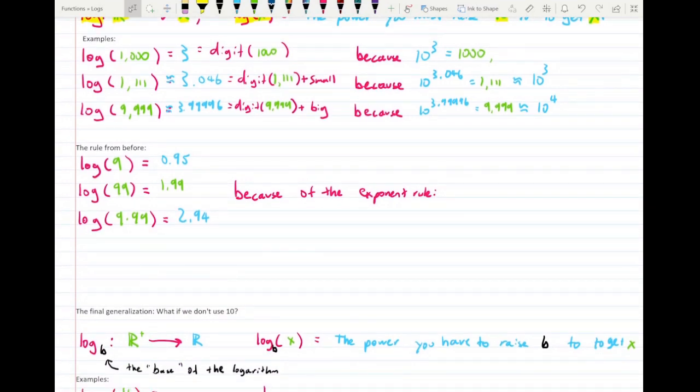Now it holds because of an exponent rule, right? 9 times 99, we just saw that that's equal to 10 to the power of 0.95 times 10 to the power of 2.94. By the exponent rule, that's equal to 10 to the power of 0.95 plus 2.94.